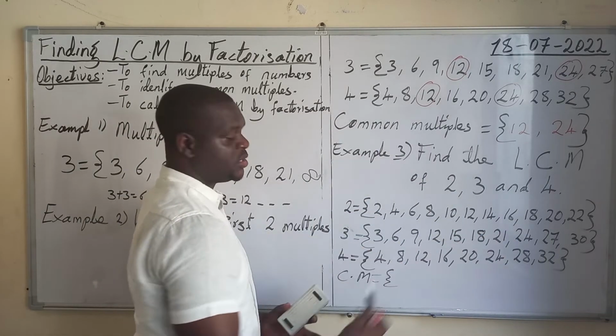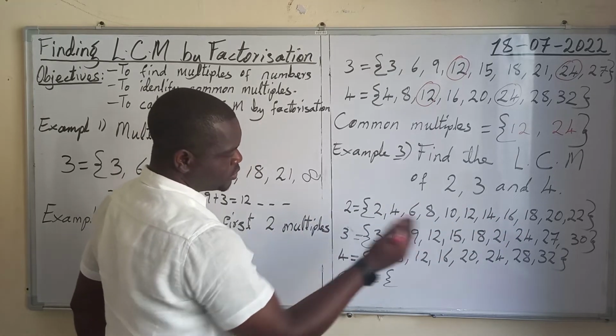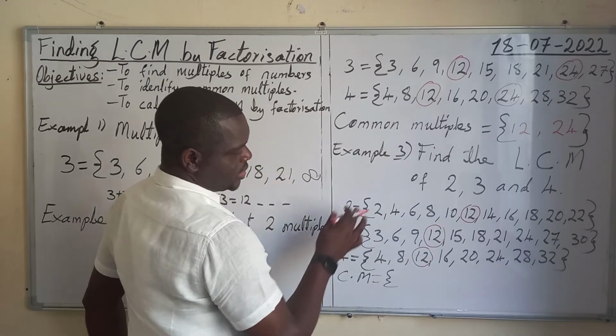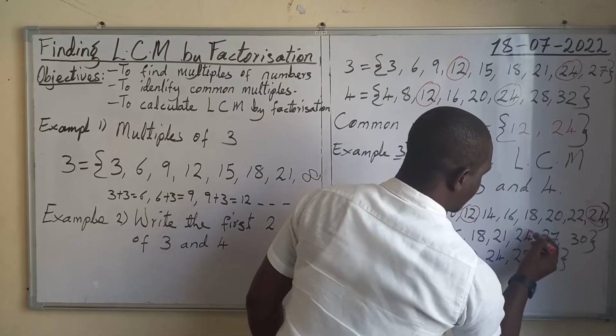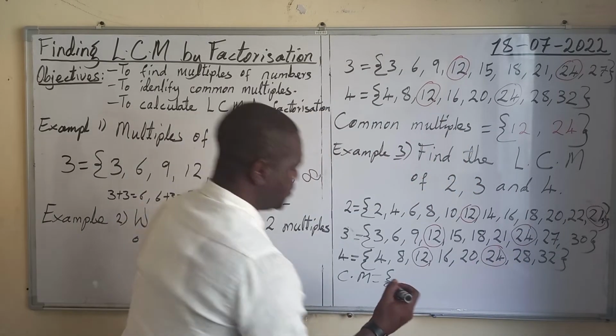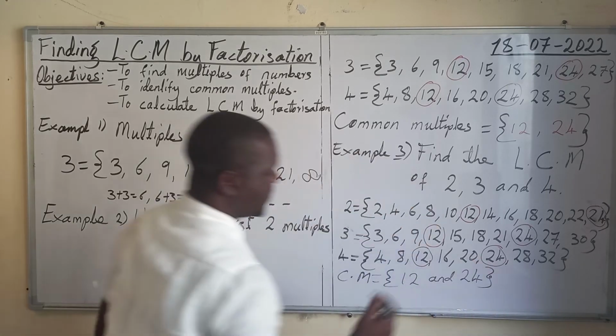Let's look at the common multiples. Multiples of 2, multiples of 3, and multiples of 4. We have 12 as the first one. It appears in all the 3. We also have 24. We have it here, and we have it here. So our common multiples will be 12 and 24.